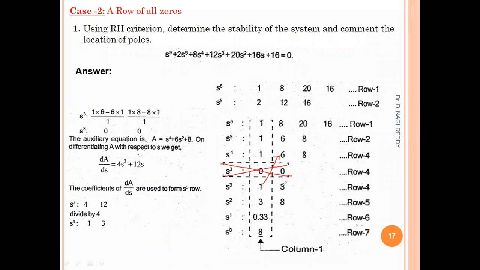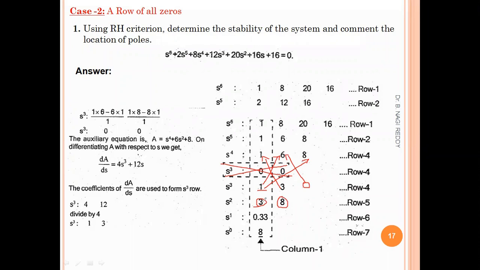So 1 into 6 minus 3 into 1, by 1. 1 into 6 means 6, minus 3 into 1 means 3. So 6 minus 3, 3 by 1 is 3. So that is the first coefficient. And the second coefficient, 1 into 8 minus, here there is no coefficient, so keep 0. So 0 into 6 is 0. So 1 into 8 means 8, and 8 by 1 is 8 only. So we have got the second coefficient.